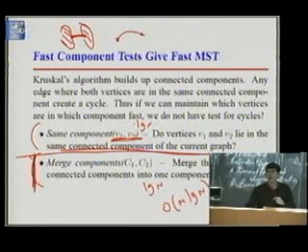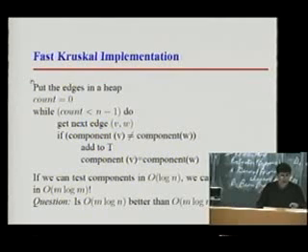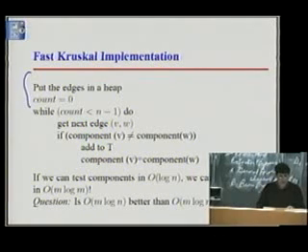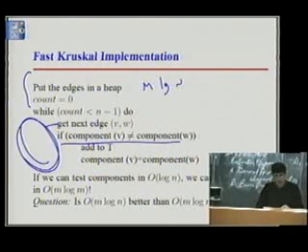Why is that? Because what was Kruskal's algorithm doing? Basically, it sorted the edges in something like m log n time. Then it looped through. Get the next edge. Do they lie in the same component?